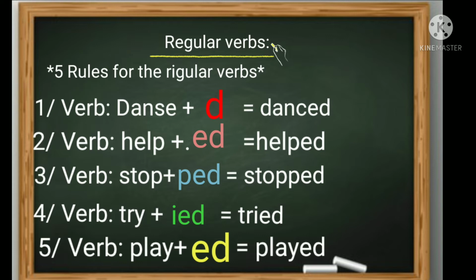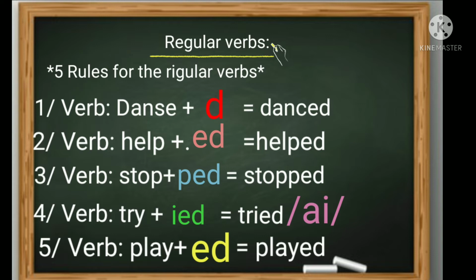Well, when you have a verb which has a Y in the end, and you sound it like I, like this symbol I, just replace the letter Y by the I and add ed in the end, like tried.